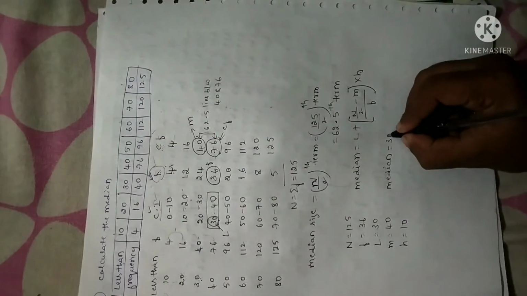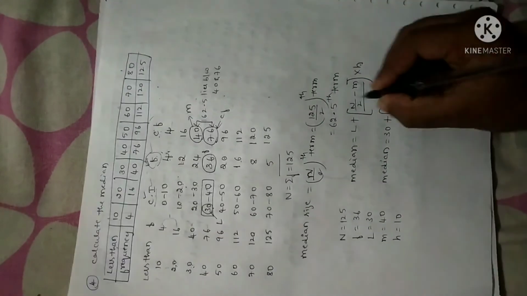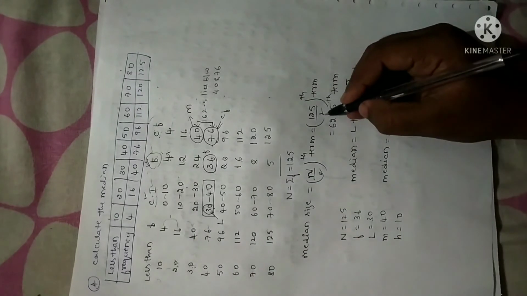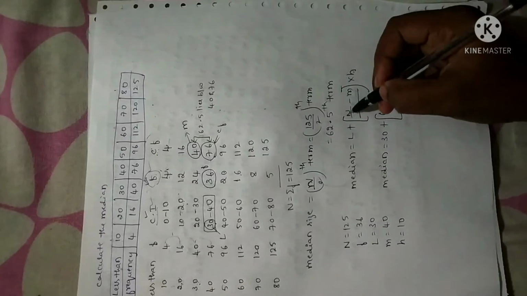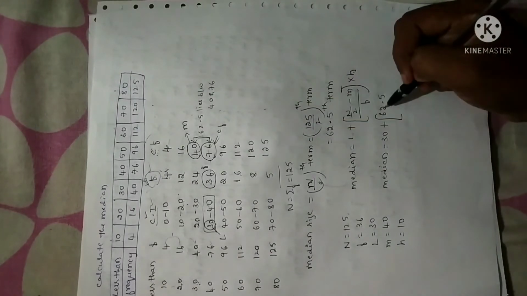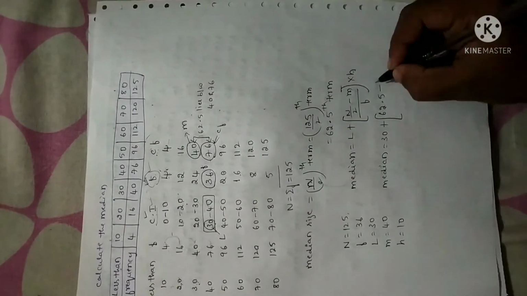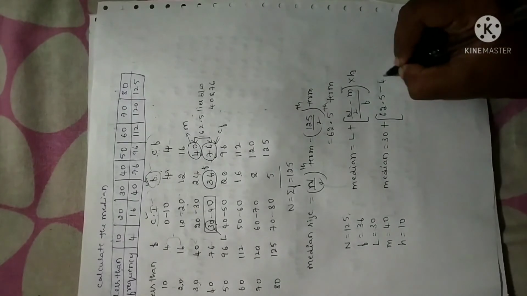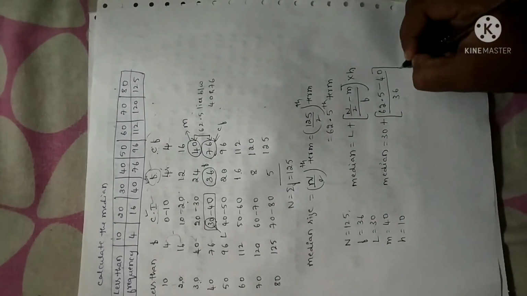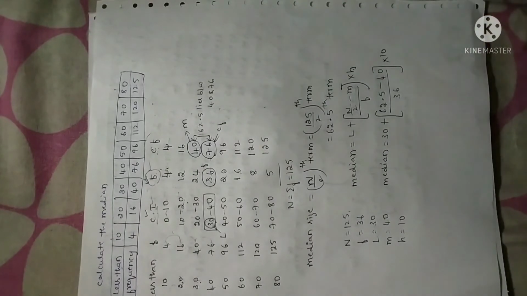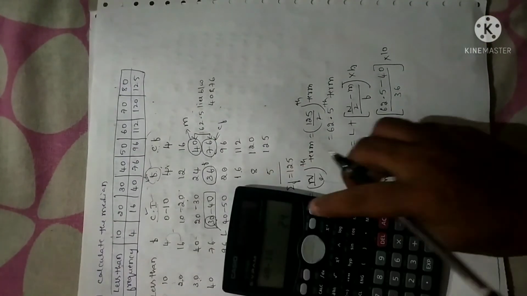Now let me substitute. Median is equal to the capital L value, 30, plus n divided by 2. N is 125, and 125 divided by 2 I have calculated, it is 62.5, minus small m, which is 40, divided by f, which is 36, into h, which is 10. Let me simplify this.